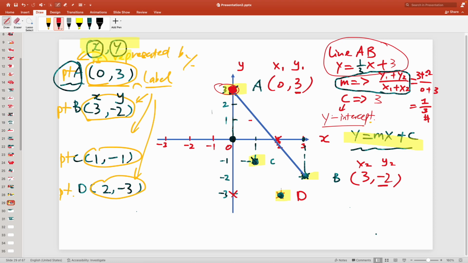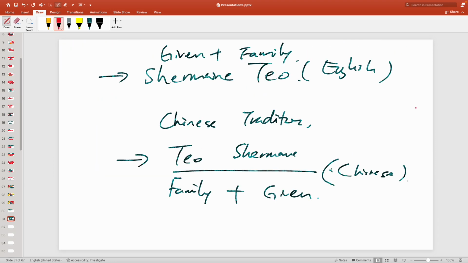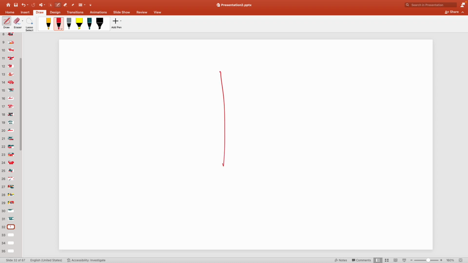So what you learn for the Cartesian system is that there are traditions we need to follow. The horizontal is labeled as x. The vertical is labeled as y. A point A is given by x and y.